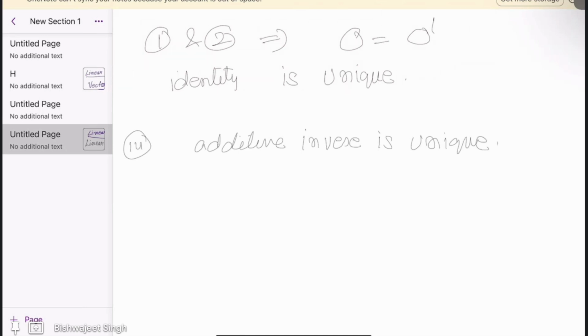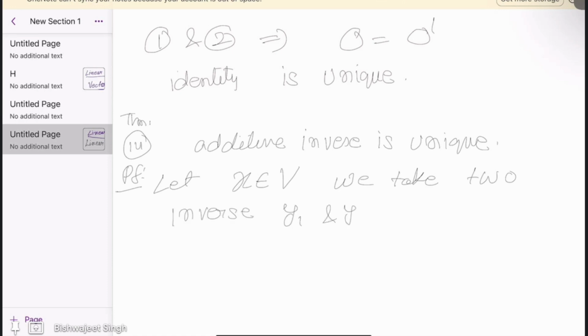So this is the third theorem, that any vector space has a unique inverse for every element x. So again, let's prove it. Let x be some element of V, and we take two inverses, y1 and y2.